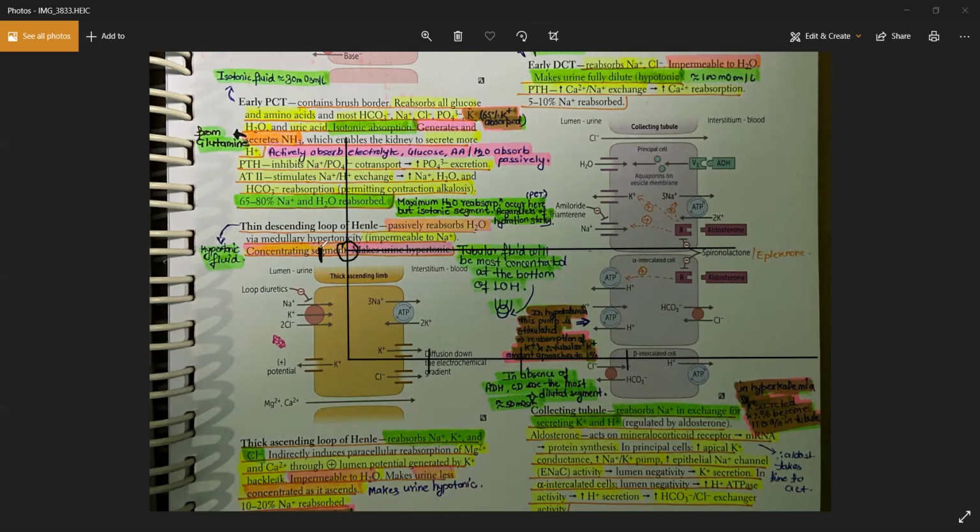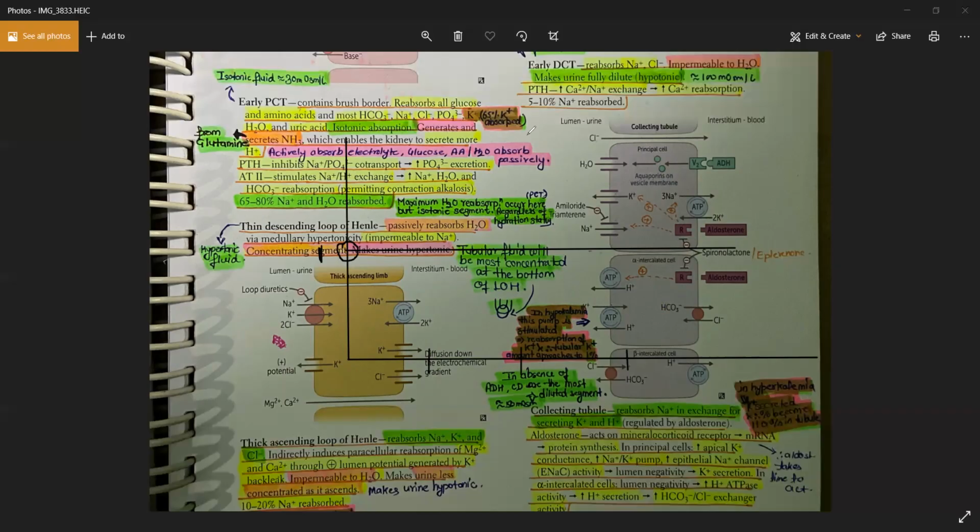Now whenever the water gets reabsorbed, or the substance is secreted, can I have a more concentrated form of that substance? I will have a rise in concentration of that substance, right? It could be either due to the free water reabsorption or due to the secretion of that substance.